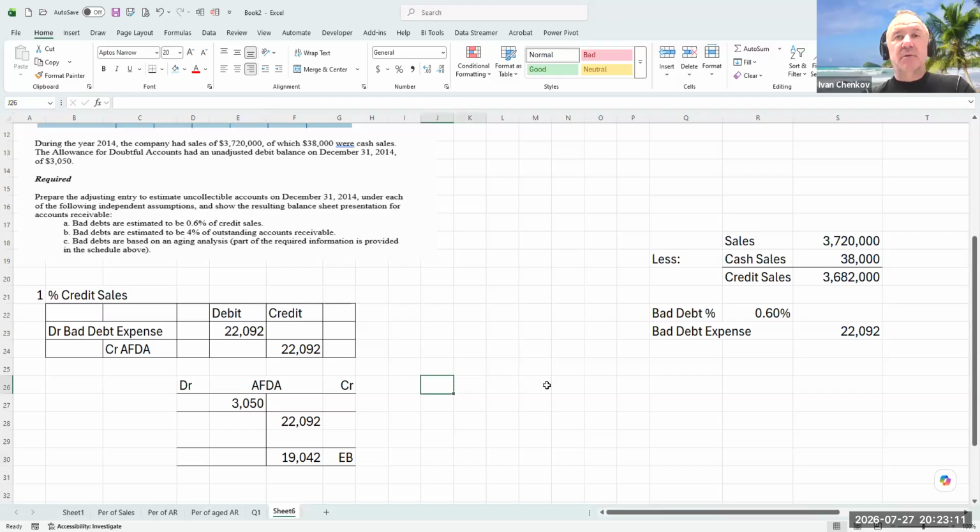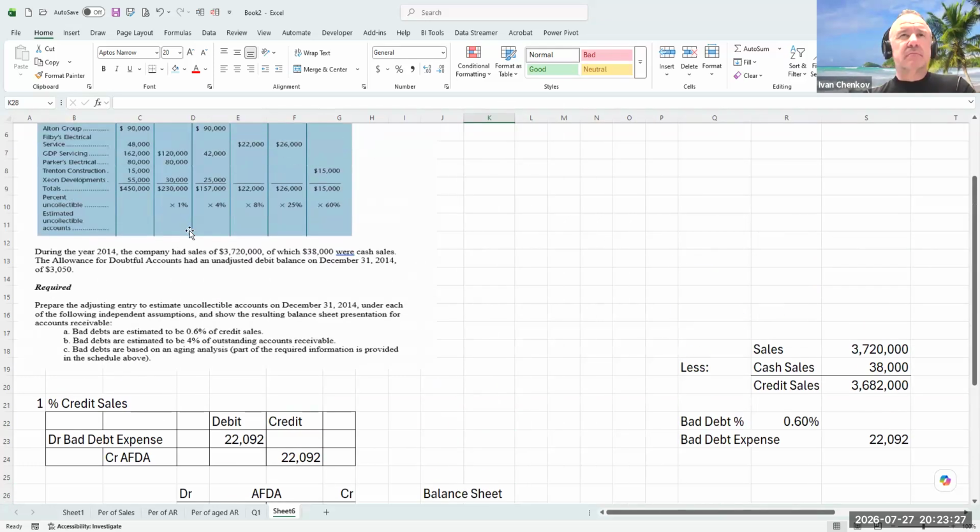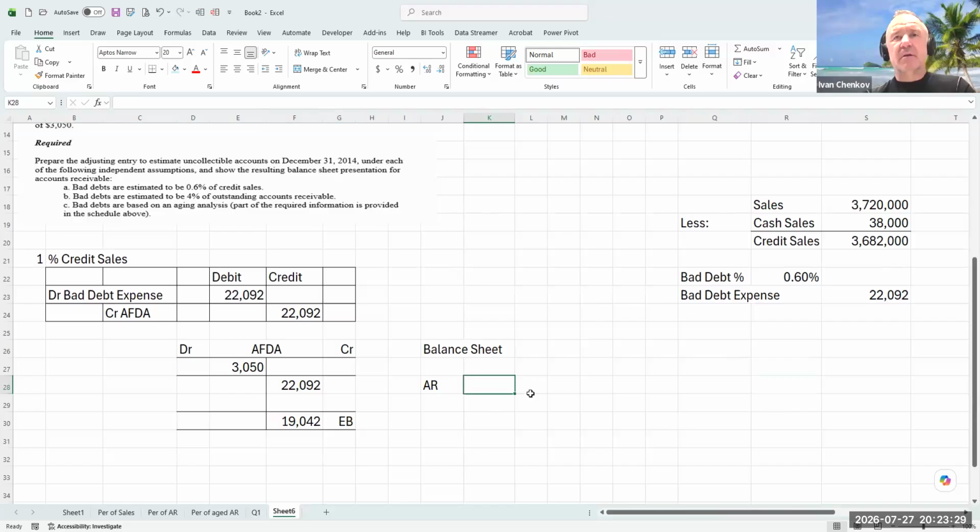What will be the presentation on the balance sheet? We're going to have accounts receivables, and our accounts receivables is going to be $450,000.